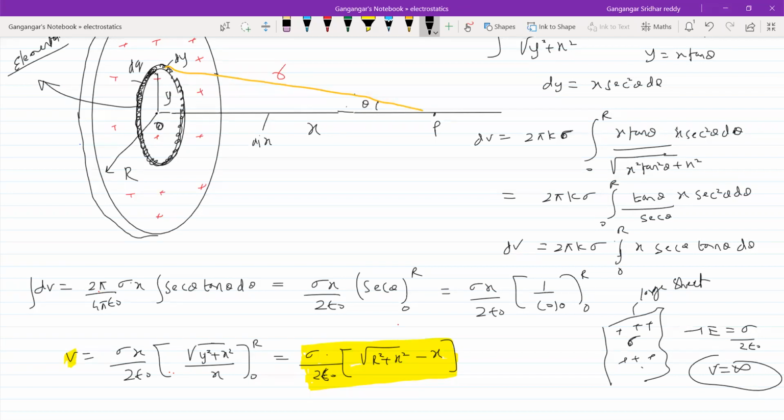Sigma will be fixed for a charge sheet, not infinity by infinity.